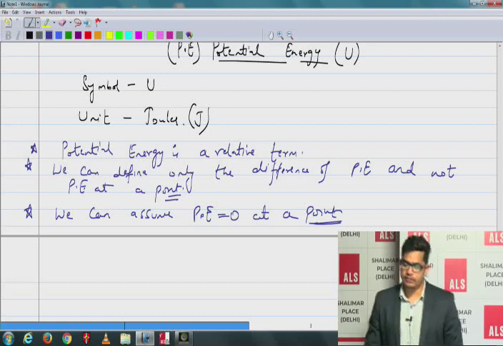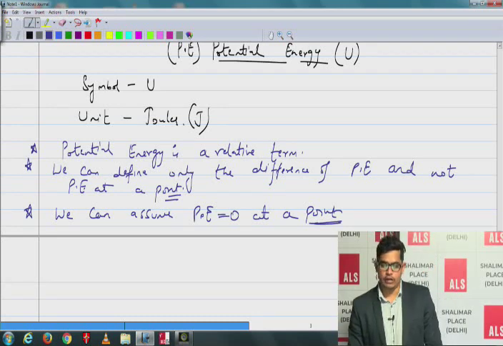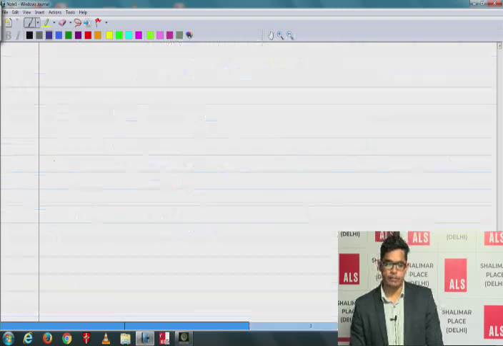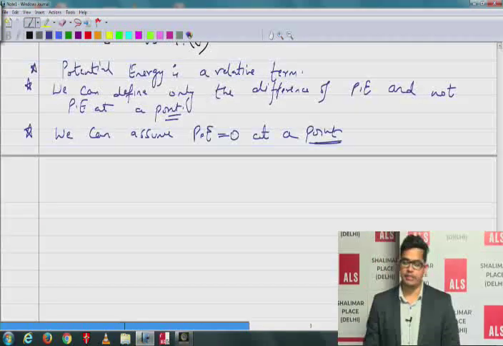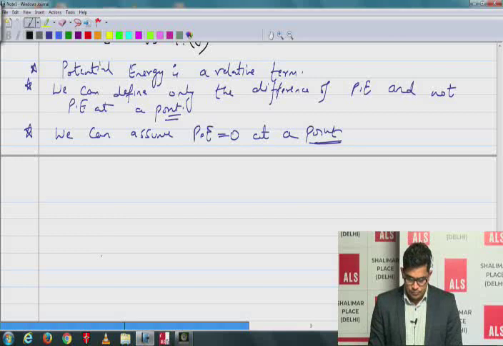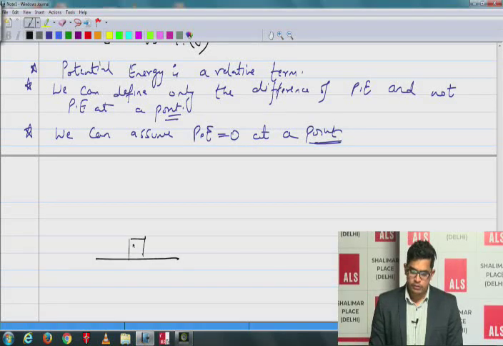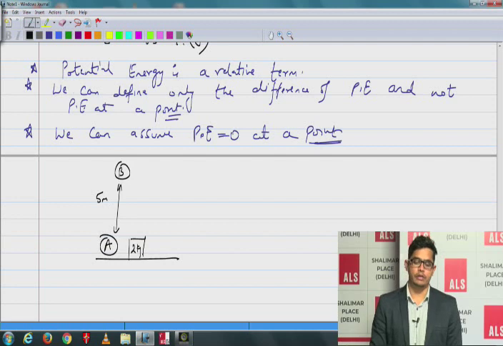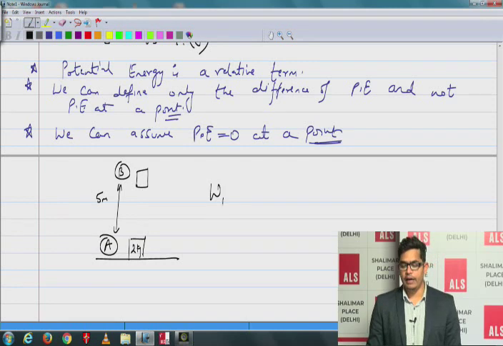Understood? For example, if I take the same example, please write it down, by the way. Suppose I take a mass of 2 kilogram to the height of 5 meters. Suppose this is position A and this is position B. If I take this mass to this, then what is the work done by external force?